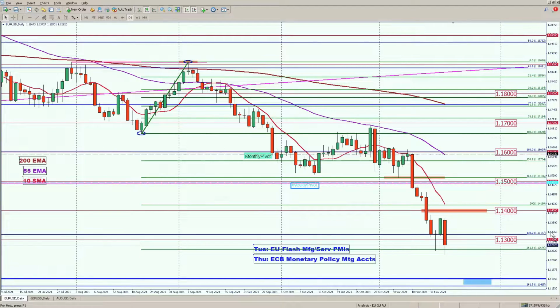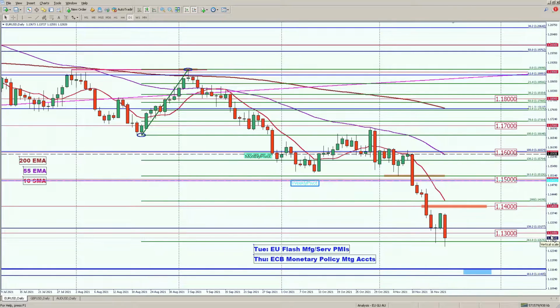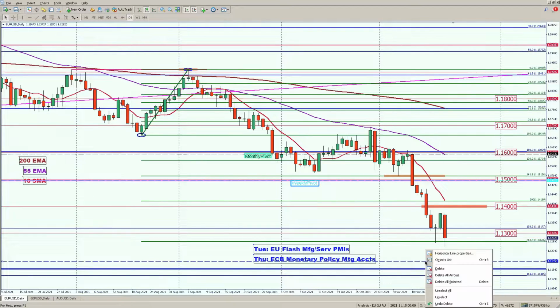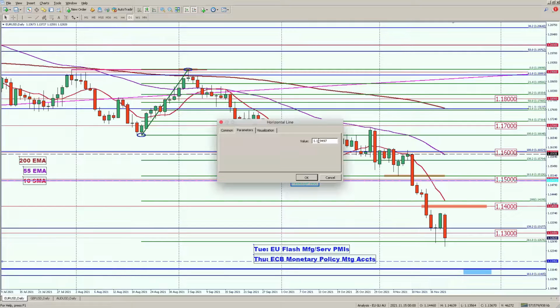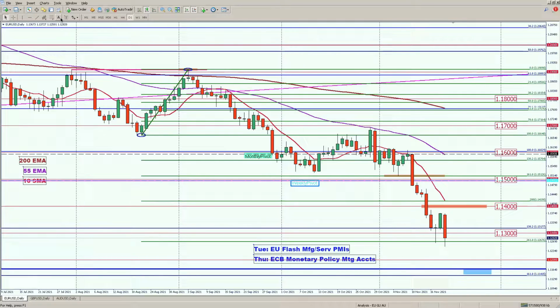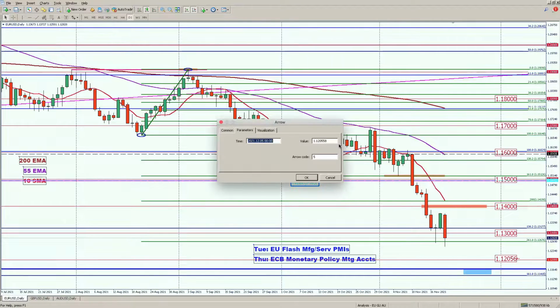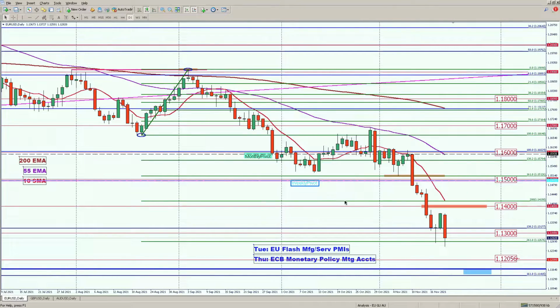So coming to the last week of the month, I'm doubtful if it's able to reach this support zone, but you never know. It has already weakened so much. Let's mark another round figure at 112. Okay.